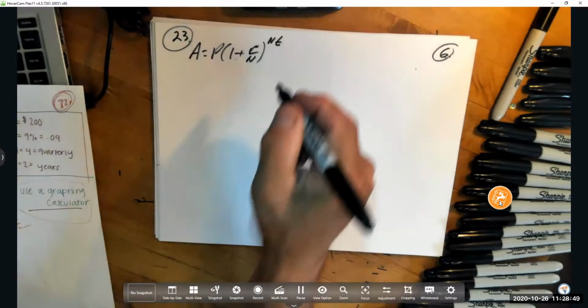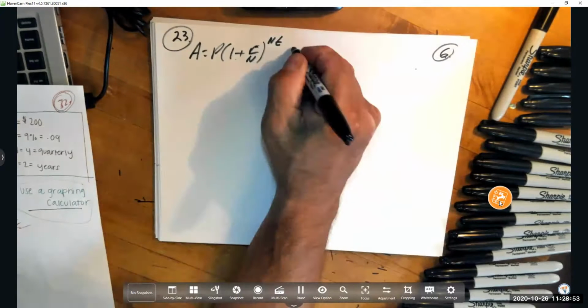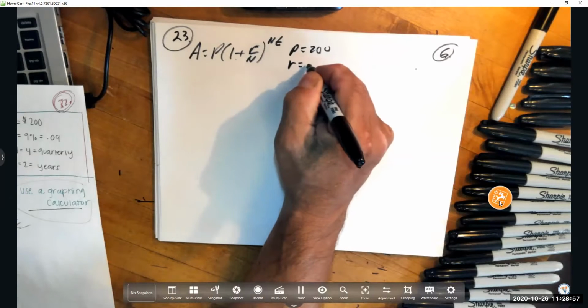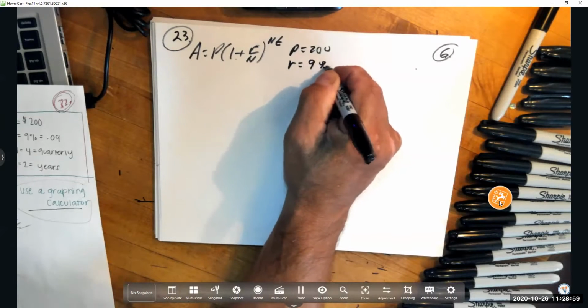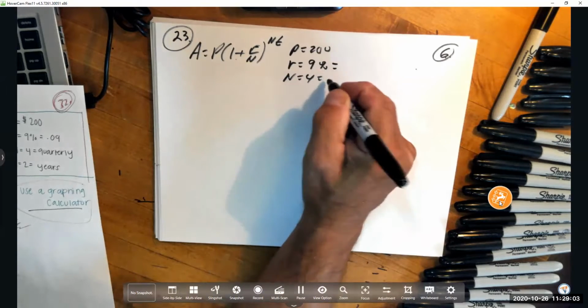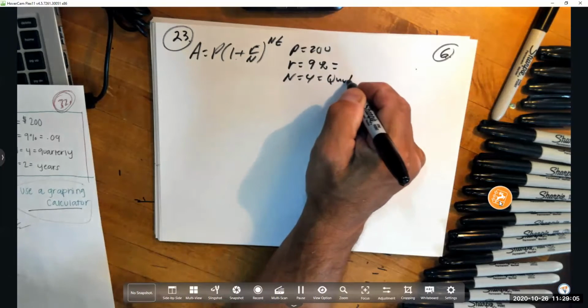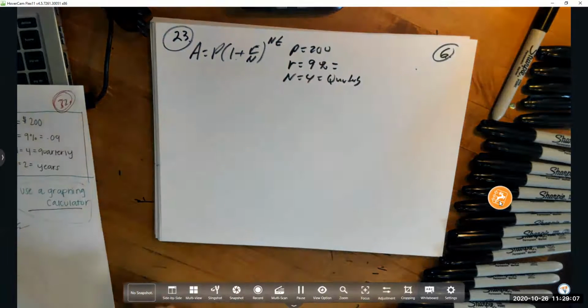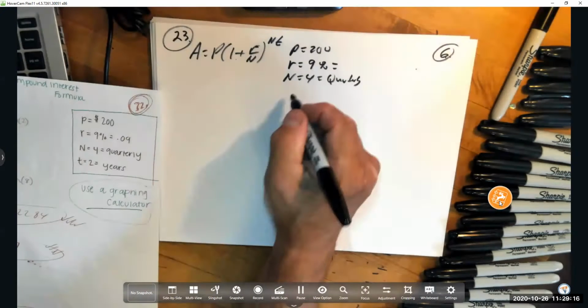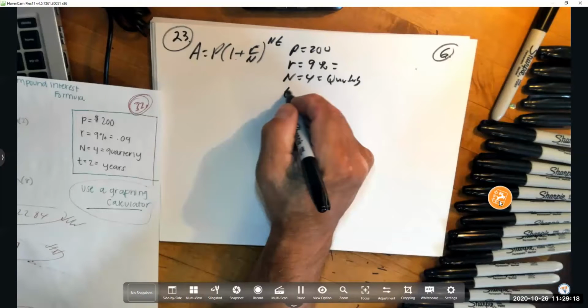It says P is 200 and R is 9% and N is 4, quarterly. And what does it say? And T is two years.